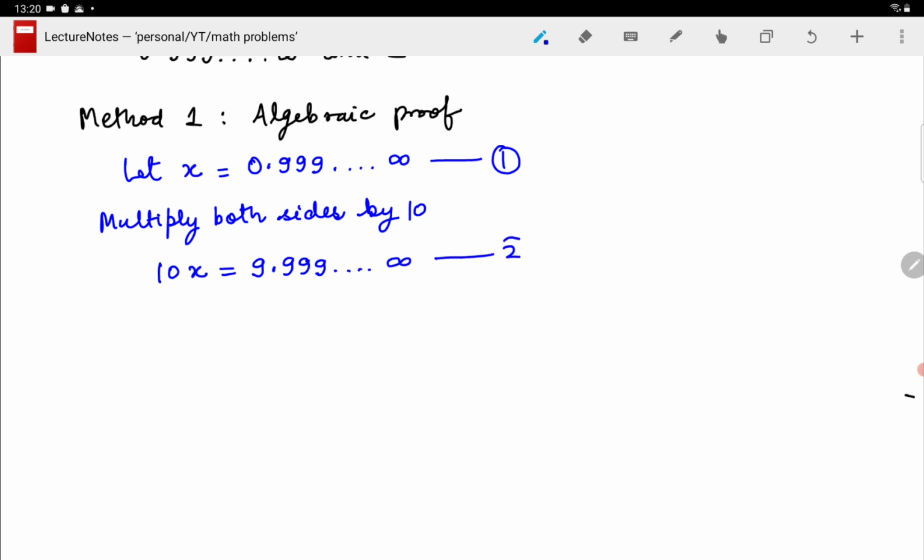So this is our second equation. Notice something interesting? The decimal part on the right hand side is again 0.999 extended to infinity. Now let us subtract these two equations.